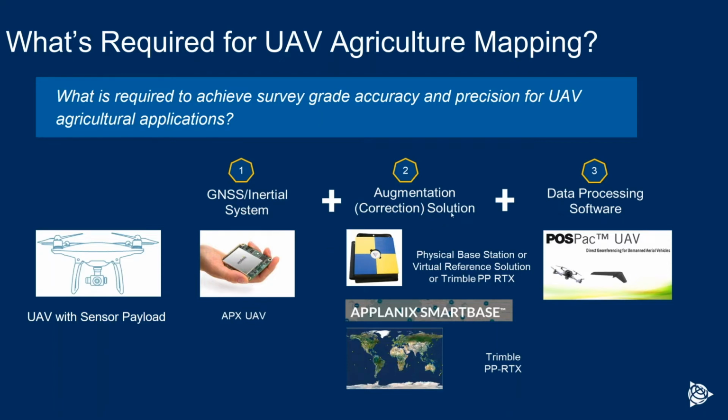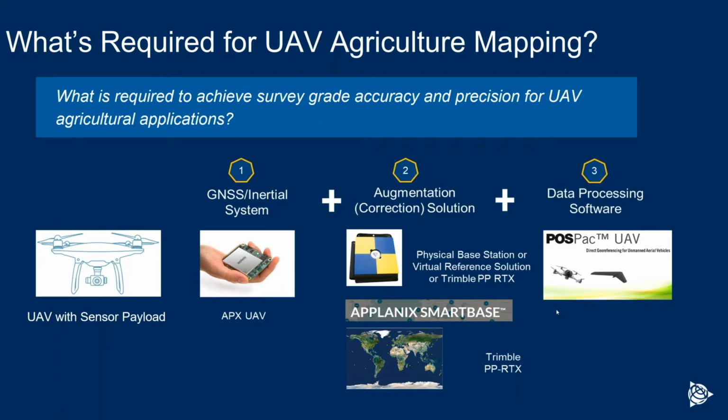You need a correction solution. That could be a physical base station, it could be using a CORS system, or it could even be the Trimble PP-RTX solution. I'll talk about that in a minute too. And finally, as I mentioned before, our data processing solution.